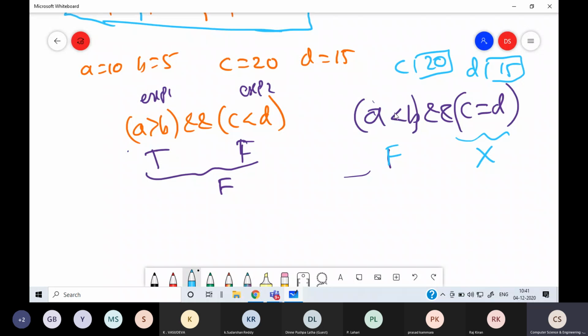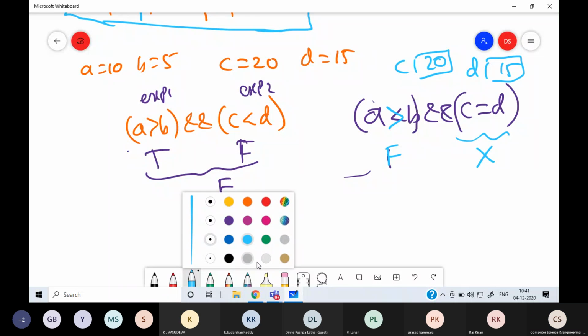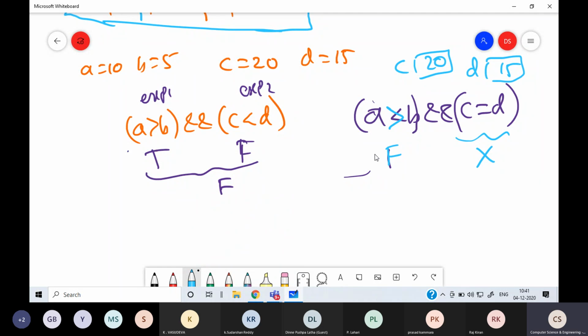Suppose if I use A greater than B, what is going to happen here? This is going to be true. Now, when this is true, then this is going to be evaluated.